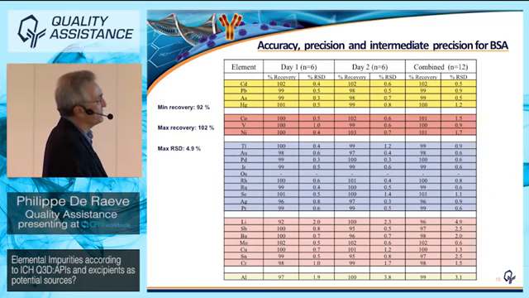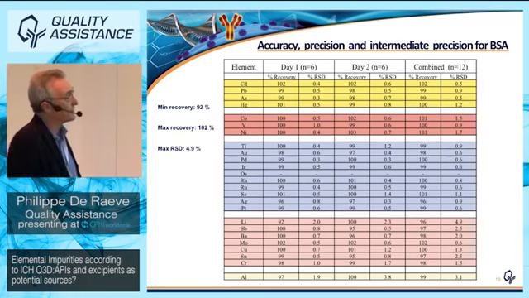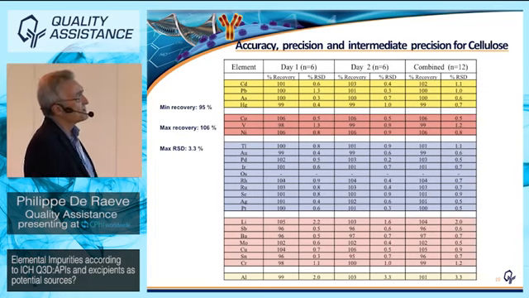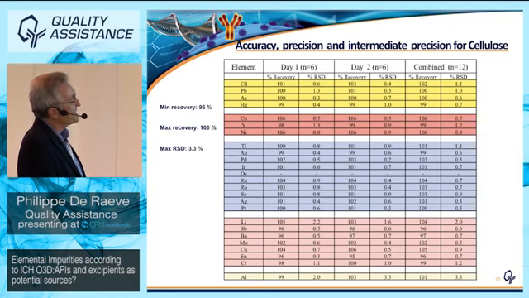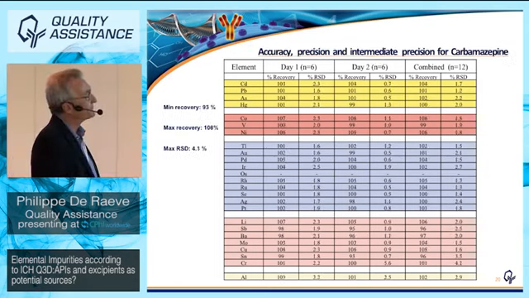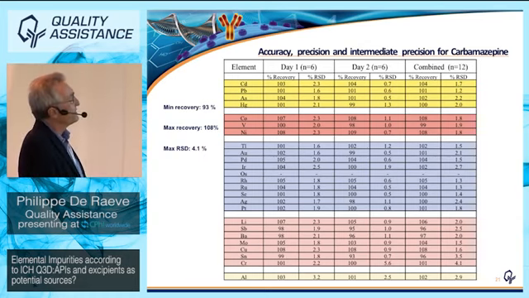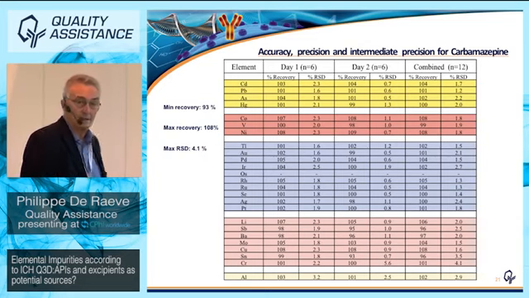Minimum recovery is 92% and maximum is 102, with an RSD that is always less than 5%. Same results for cellulose. Once again, recoveries are ranging from 95 to 106%, and RSDs are still less than 5%. And finally, for carbamazepine, once again, very good recoveries, and RSDs lower than 5%.